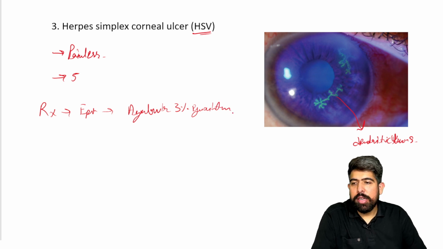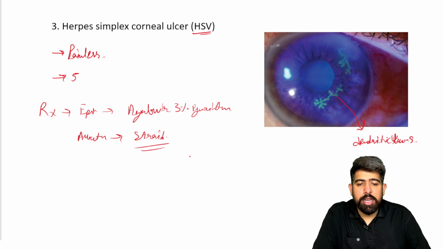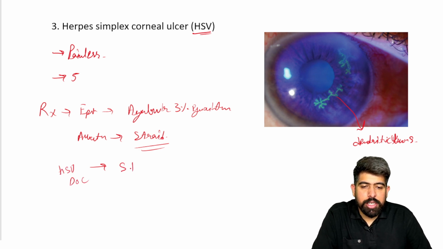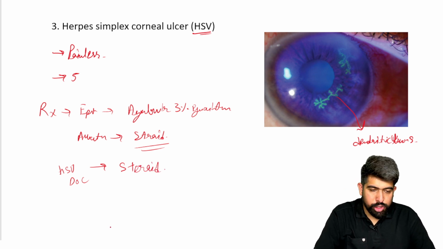For all the other types, the answer should be steroid. If they don't mention any type and directly ask that the patient has HSV and ask about the drug of choice, just go with the steroid.